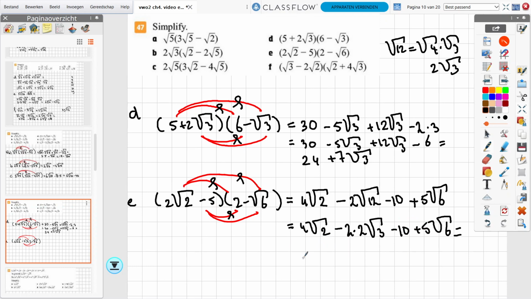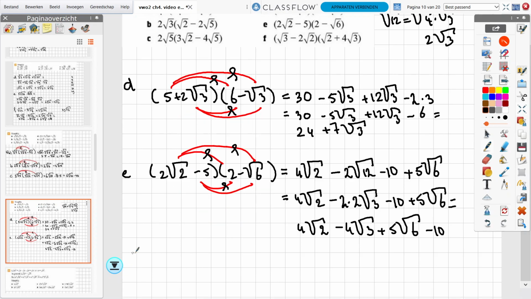So here I would do first 4 root 2, because root 2 is the lowest root, then minus 4 root 3, then plus 5 root 6, then we have all the roots, and then minus 10 at the end. But again, the book is not that picky, so you can also just leave them in the order that you found them. And again, those we cannot simplify because different roots. Okay?